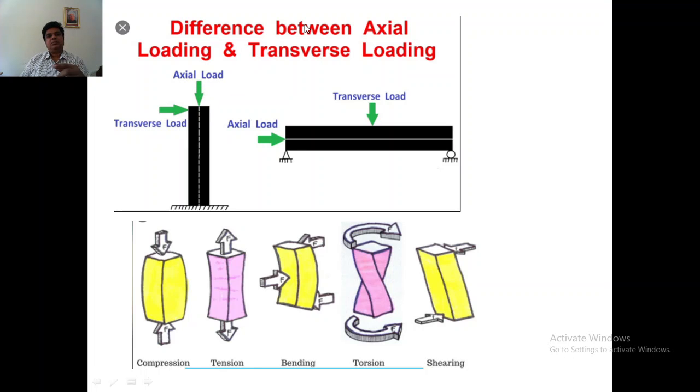Axial load is nothing but the load applied along the axis of the component or the member, and one more kind of load is called transverse load, where the load is applied perpendicular to the axis of the member or the component.